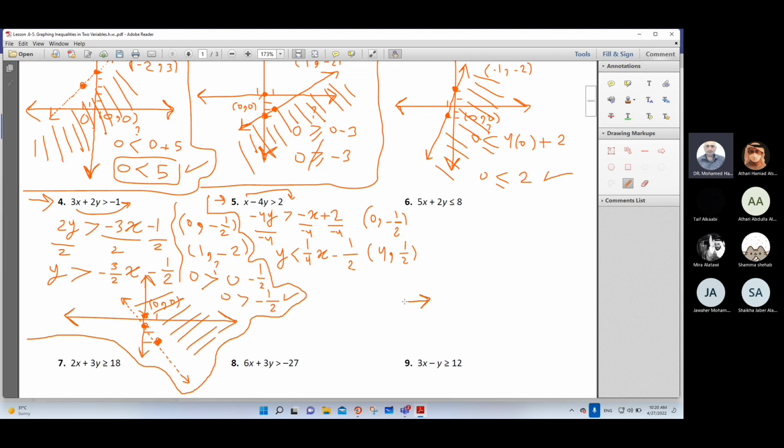Now we can create the coordinates. So 0, negative half. This is here negative half. 4 on x and here half will be here. And you see, we don't have an equal in the sign, so means use a dash line.